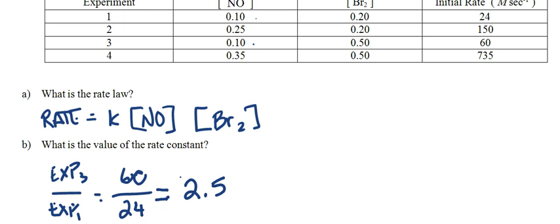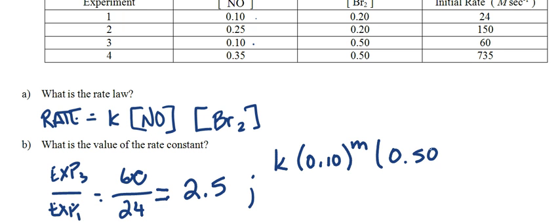Alright, so let's find out what the order of one of these happens to be. So we go ahead and plug in the data from experiment 3. So again, K, and the concentration for the NO in experiment 3 is 0.1, and we don't know what the order is yet, so we'll determine that.